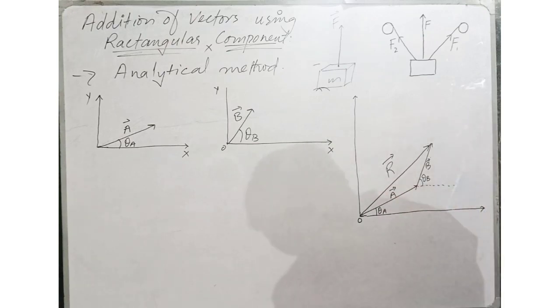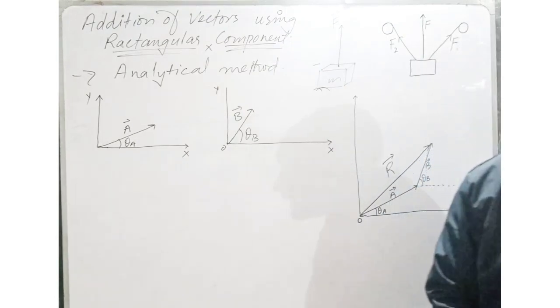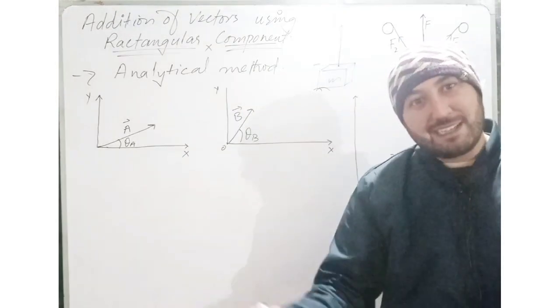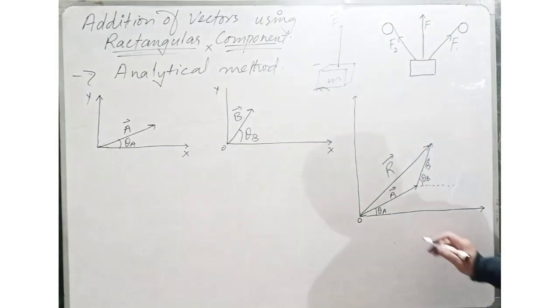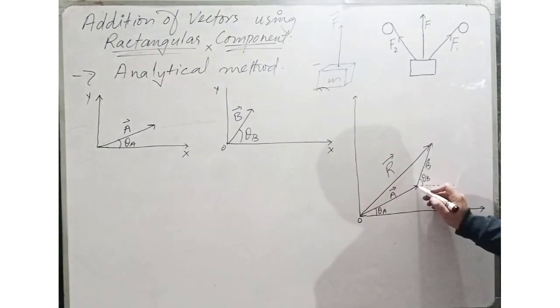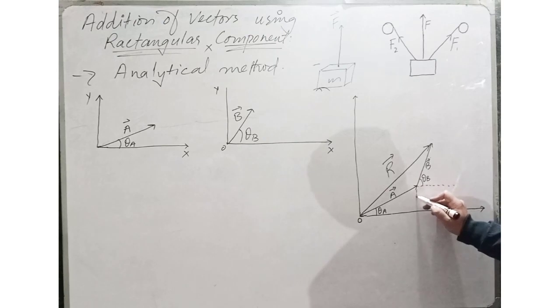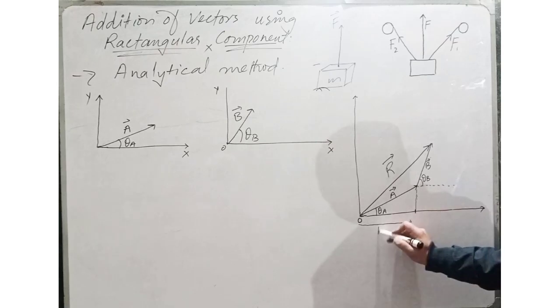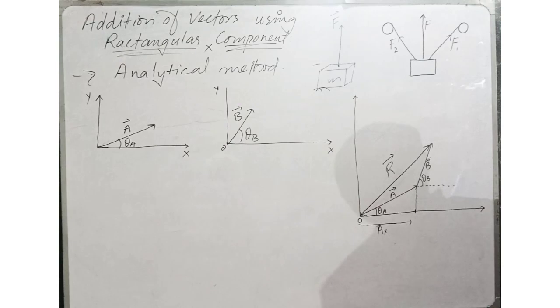If a vector is lying in a plane, it must have an effective component both along x and y axis, right? So we can find its x component by dropping a perpendicular along the x axis. So let's say this is the x component of A. We call this Ax, right? It is a vector. Similarly, its y component we call Ay.